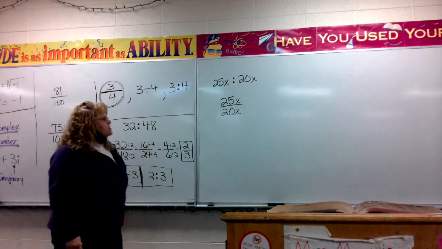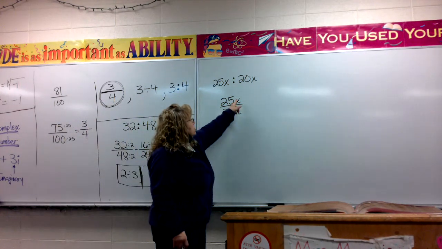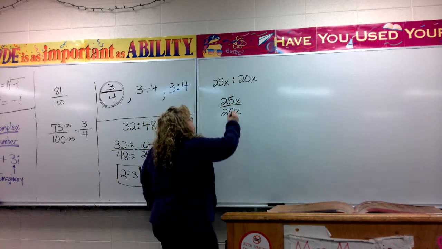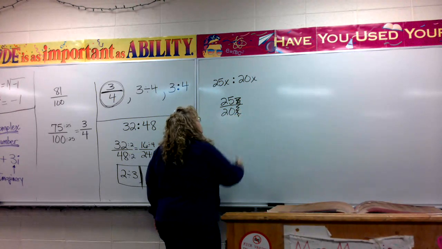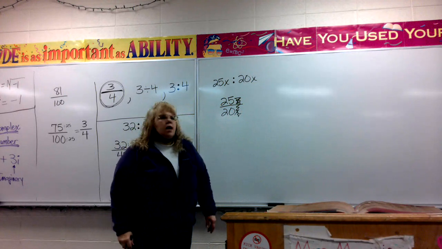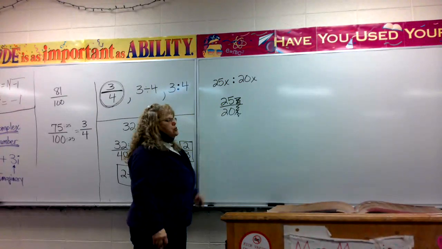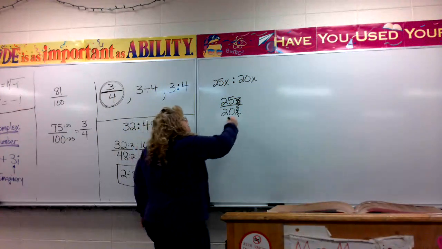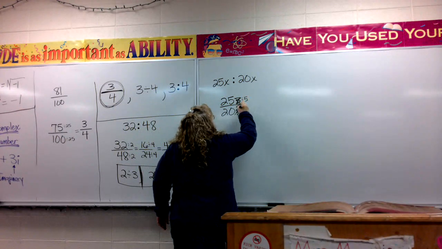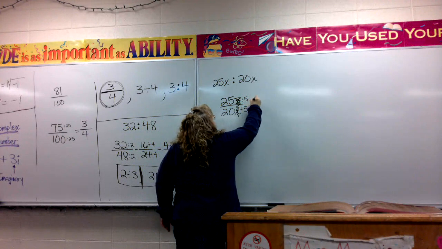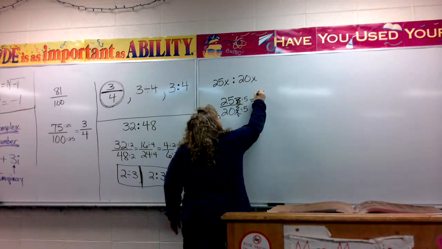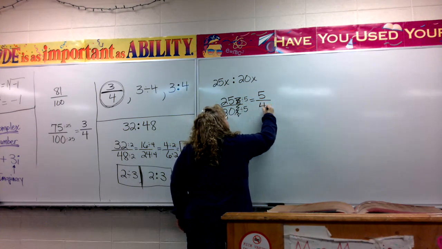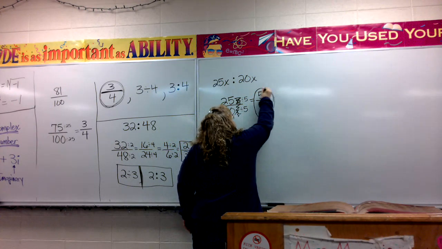Well, what's x over x? X on top, x on bottom, what can you do to those? Right? And then I've got a 25 and a 20. Divide by 5. So 25 divided by 5 is 5. 20 divided by 5 is 4. So there's your ratio.